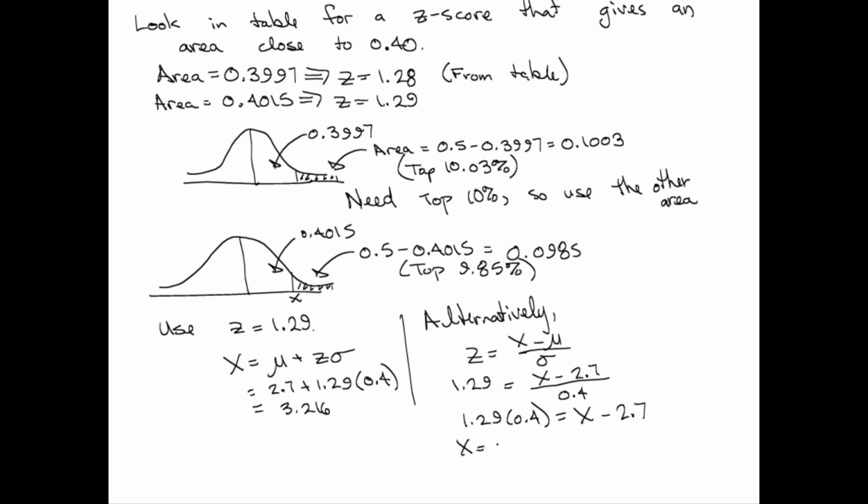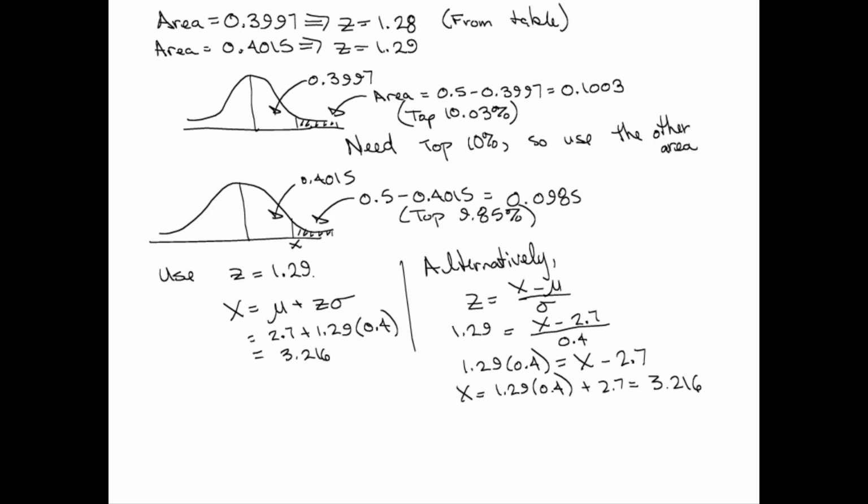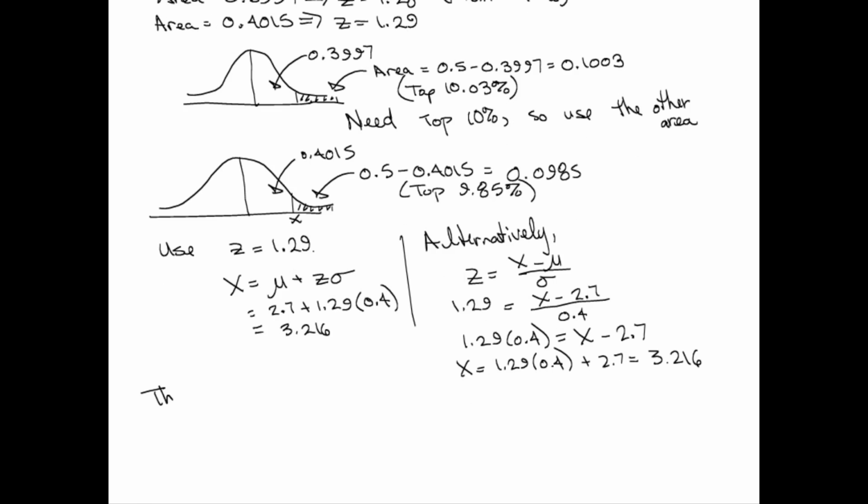And so then my x is equal to 1.29 times 0.4 plus 2.7, which is 3.216. So our student needs a GPA of 3.216 to guarantee being in the top 10%.